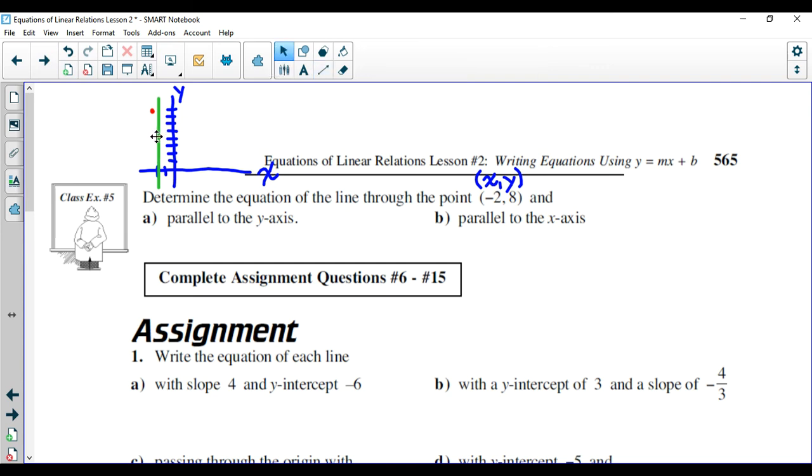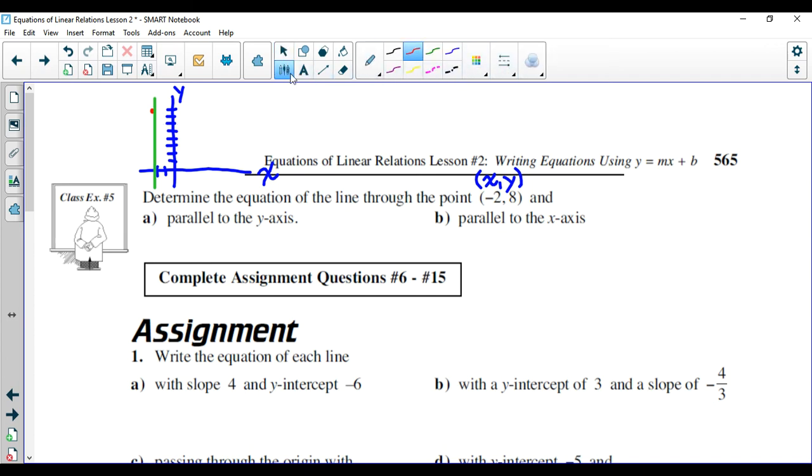Okay, obviously I didn't do the greatest job of getting that to go through my point. We'll say that's about the point there. So that would be a vertical line that passes through the point -2, 8.